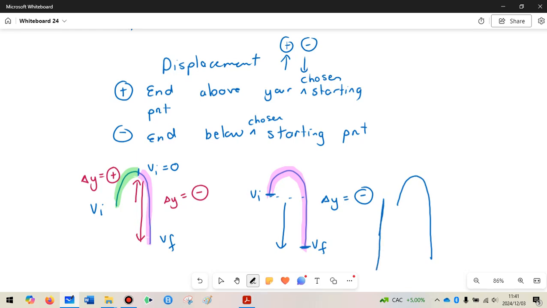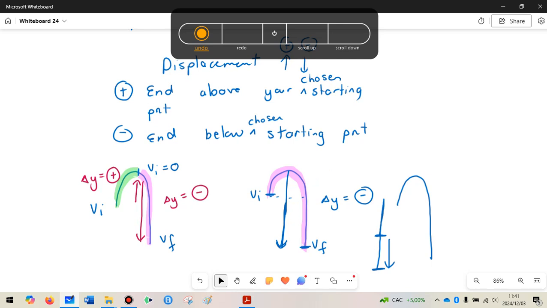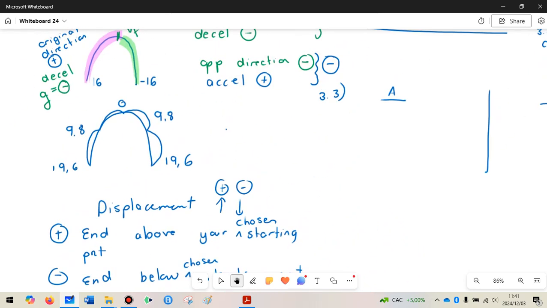So we actually start here and we end here. So our shortest distance from start to end point is this distance here. Okay, so if this entire height was, let's say, 8 meters, but this was 5 meters, my displacement is actually just 5 meters. It's my shortest distance from my start point to my ending point. Okay, so that's what you look at to decide whether displacement is positive or negative.